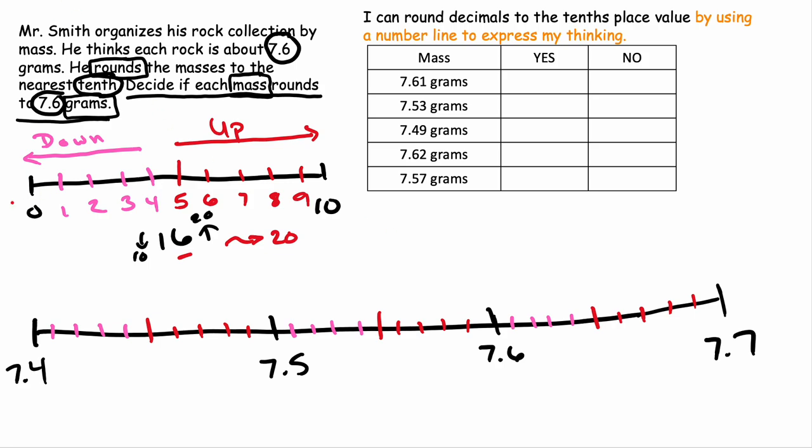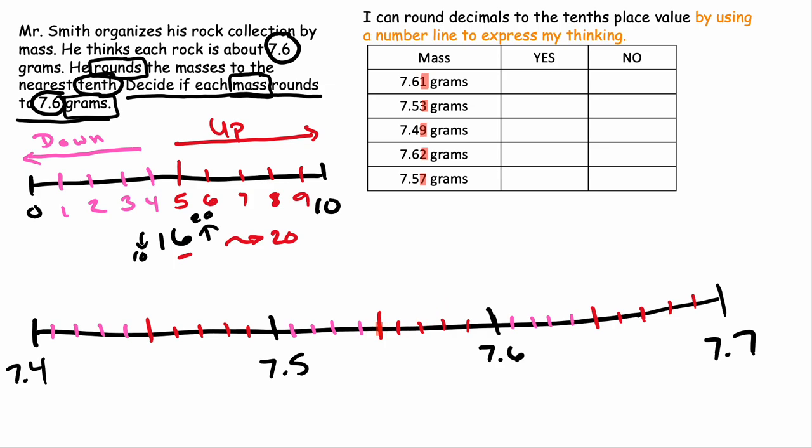If we use this rule from before, 4 or less, let it rest, 5 or more, up the score, when we talk about these values in our table, we are going to be looking at the hundredths value. That will help us decide whether we're going to round up to 7 and 6 tenths or round down to 7 and 6 tenths.